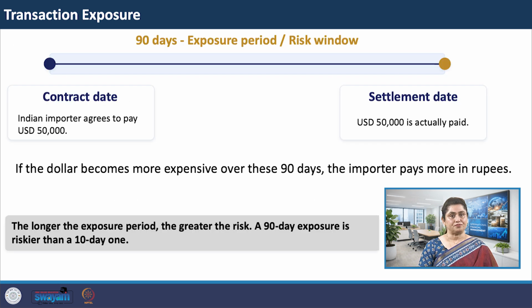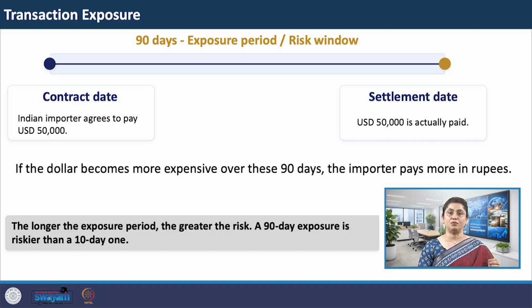For example, suppose an Indian importer agrees today to pay USD 50,000 after 90 days. The amount and the payment date are already known. However, the exchange rate may change during these 90 days. If the dollar becomes more expensive, the importer will have to pay more in rupees.